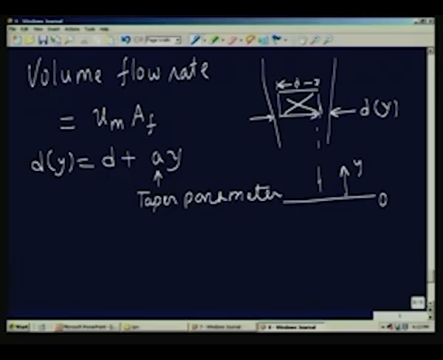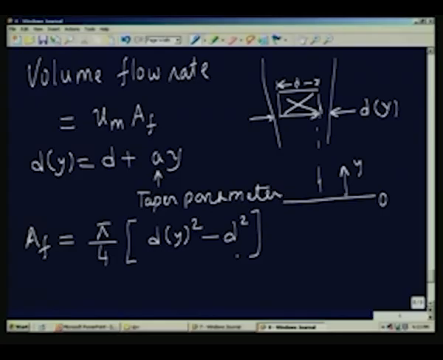So, I can say that the area for flow is pi by 4 into d at y whole squared minus d squared. That is just the area available here around the periphery of that circle. Okay, that is the annular area.